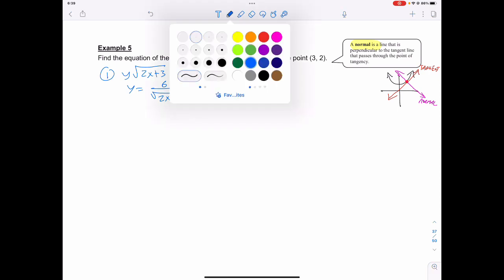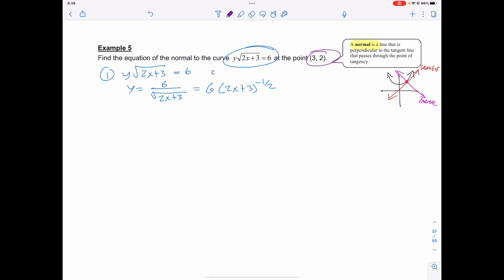We know that this curve occurs at this point. So this is at the point of 3 and 2.